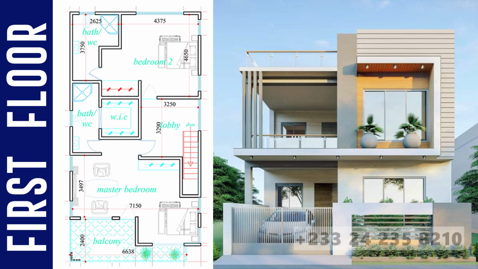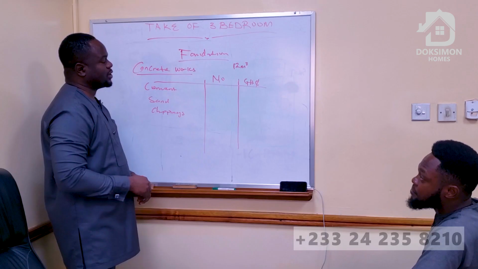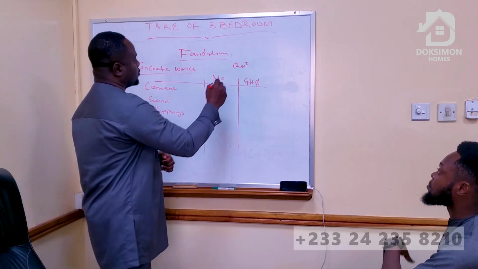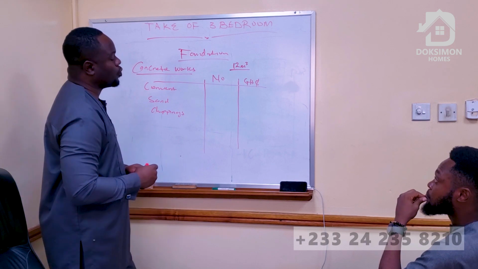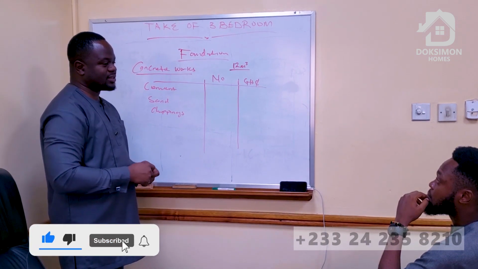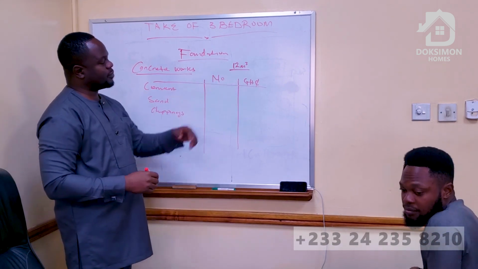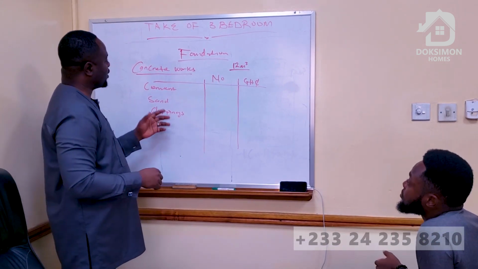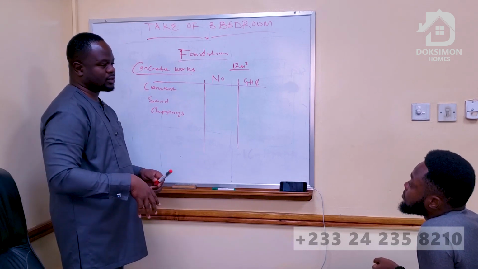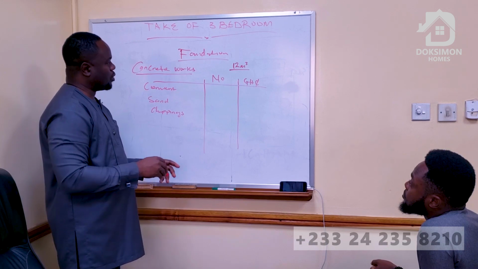So we will start with the foundation. We are looking at the quantity or the volume of materials that goes down there inside the foundation. So we are looking at 12 meter cube, meaning that it covers all the concrete works, the pits, the beds, as well as the columns.